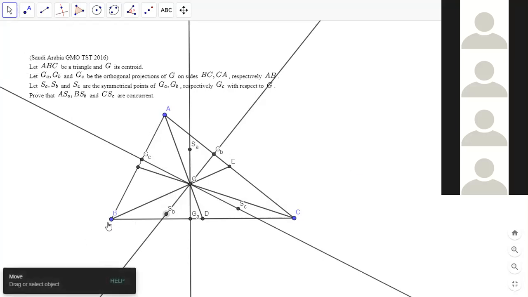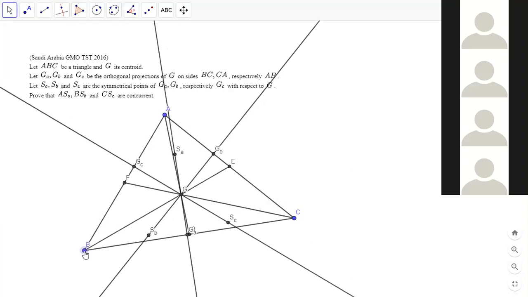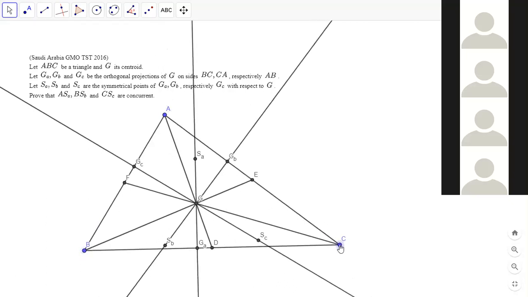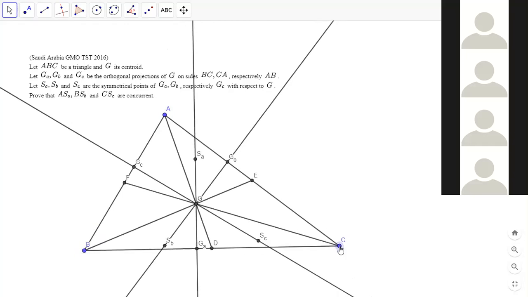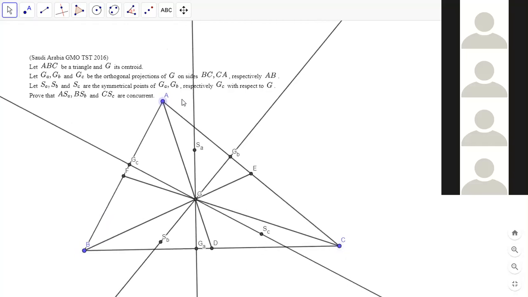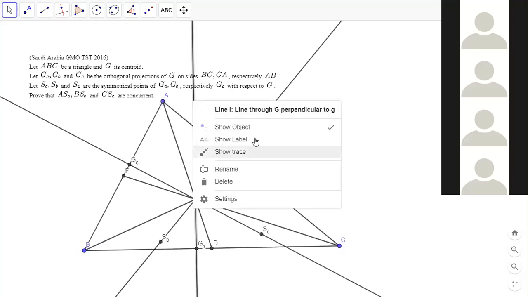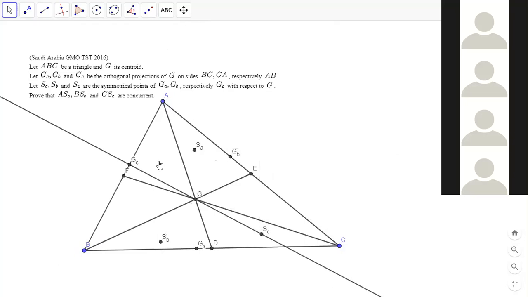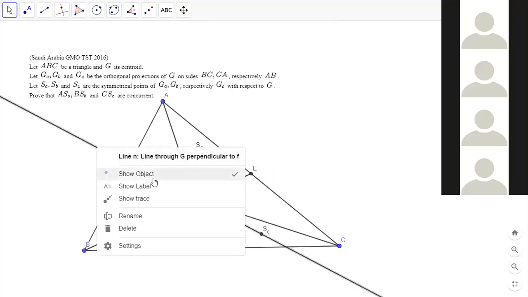Let me make this a little bigger. Let me see if I can make SB and SC a little bit higher up. There we go. It almost looks like there's some circle.